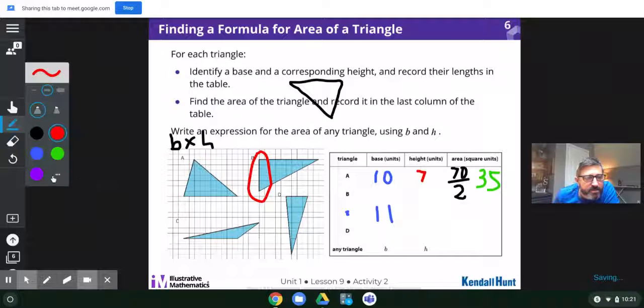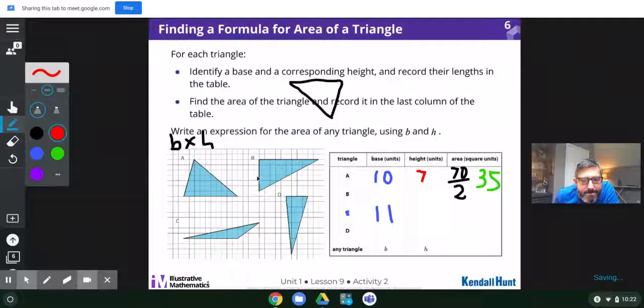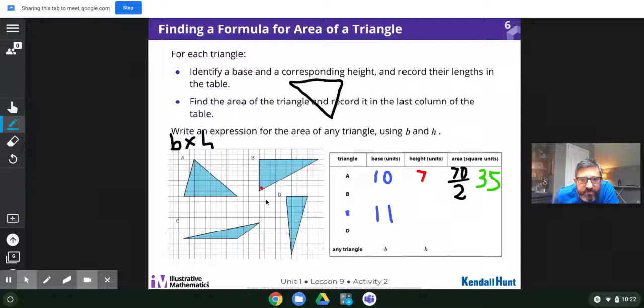Did they draw it to the opposite corner? They did. So how big is our height there? 1, 2, 3, 4, 5, 6. 6. That's right.